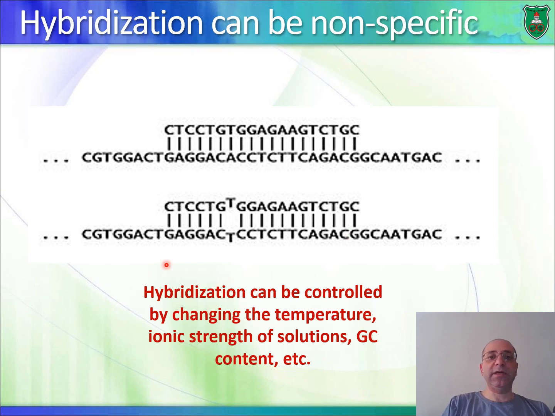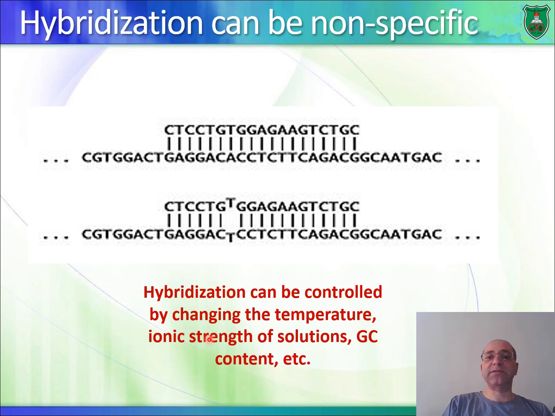The other thing is that hybridization can take place if we allow it to happen under certain conditions, such as temperature, for example. So if we increase the temperature when we add these two together, hybridization would not happen, because of this one single mismatch. But if we lower the temperature, hybridization can take place.